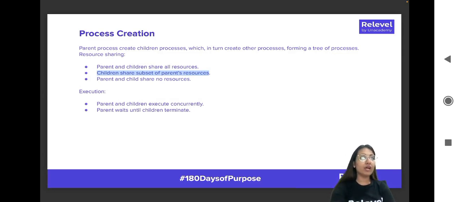Now, whenever a parent process is creating a child process, there are two options that can take place after the child process has been created. First, the parent and the child processes are both executing concurrently. That means both are executing together.